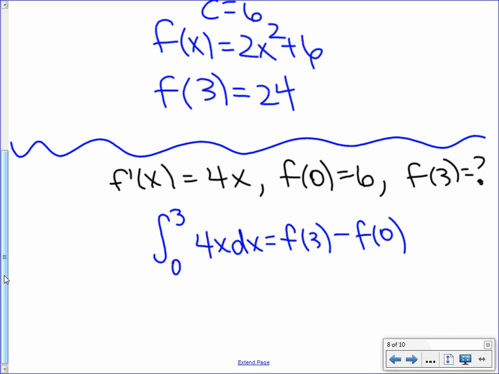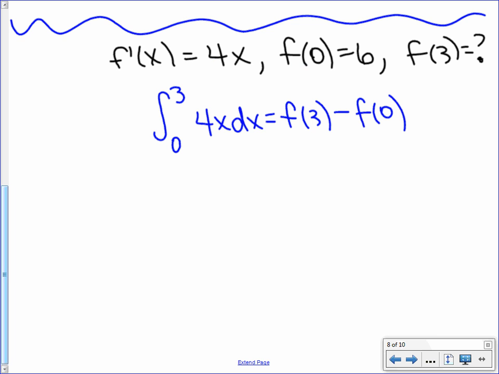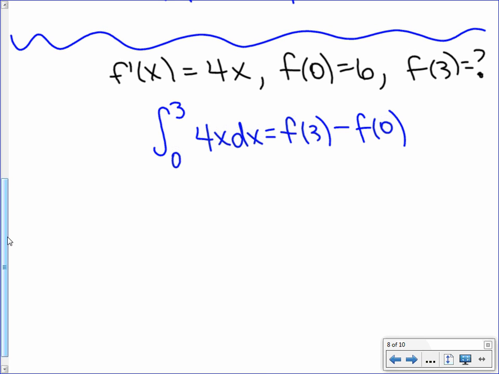Doesn't f of 3 minus f of 0 only use the derivative? Okay, I will show you. Are you okay with this being the fundamental theorem of calculus, f of b minus f of a? Okay, but we can do this without having to find c.